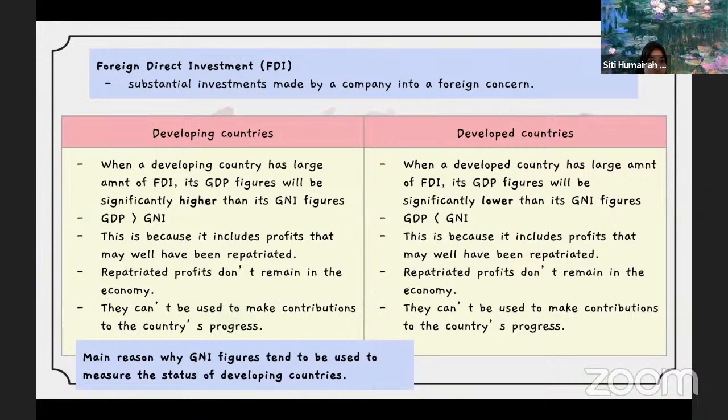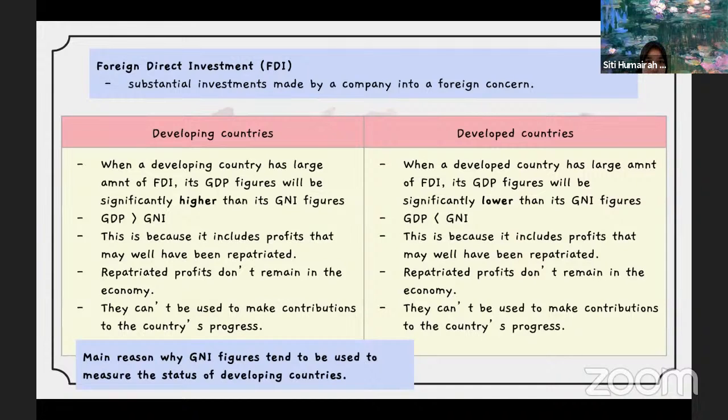So the repatriated profits don't remain in the country's economy, and they can't be used to make contributions to the country's progress. This is the main reason why GNI figures tend to be used to measure the status of developing countries.